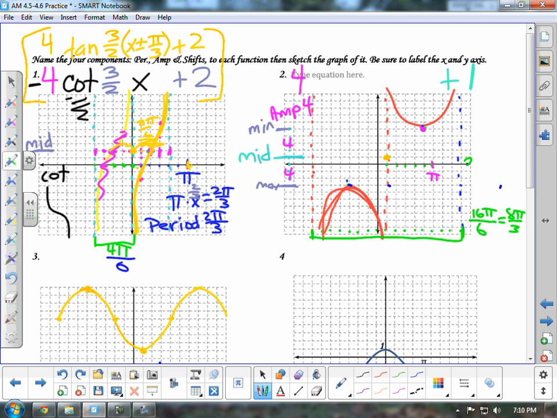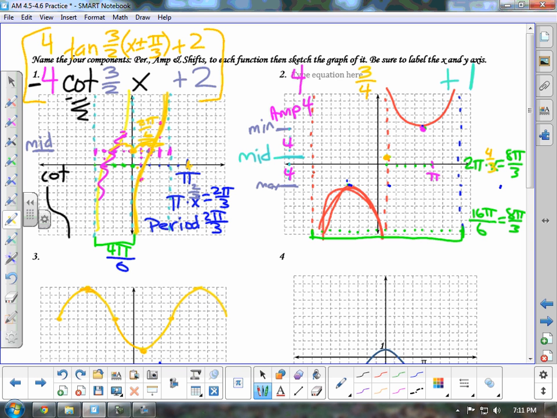So now we have to figure out 2 pi times what is 8 pi over 3. And that would be 4 thirds. So then when we put it into the equation, we have to do the reciprocal, so it's 3/4.